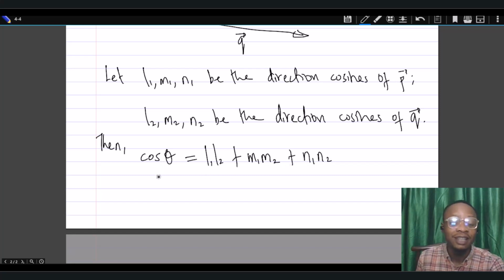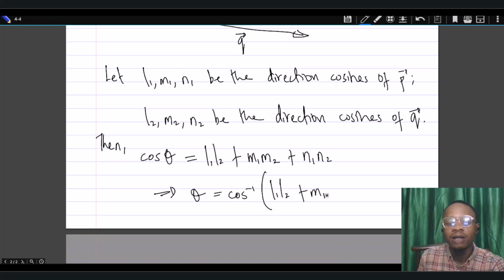So if we want to get that angle theta, our angle theta will be equal to the cos inverse of L1 L2 plus M1 M2 plus N1 N2.